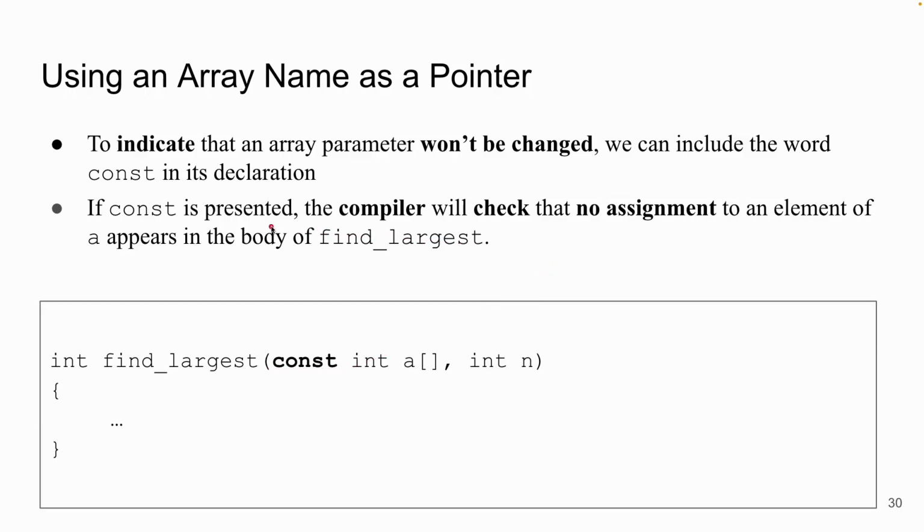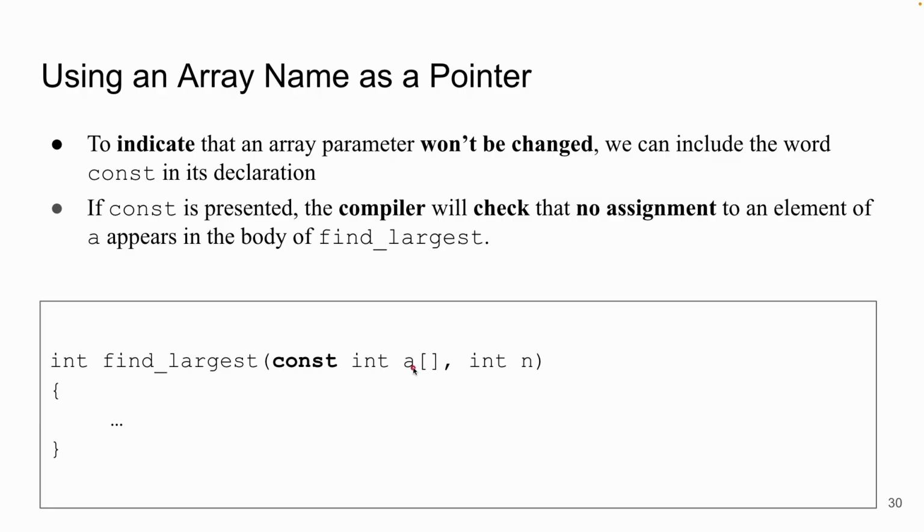This keyword tells the compiler to check that in the function there are no assignments to the parameter, no change to the parameters that are declared with const. So this is one way to protect the array we pass to the function from being changed.